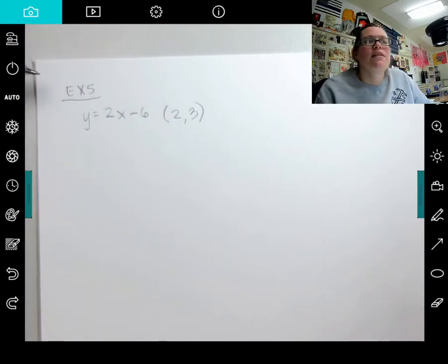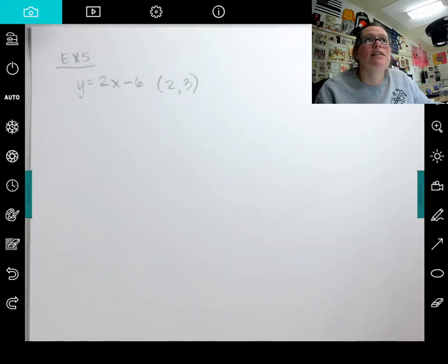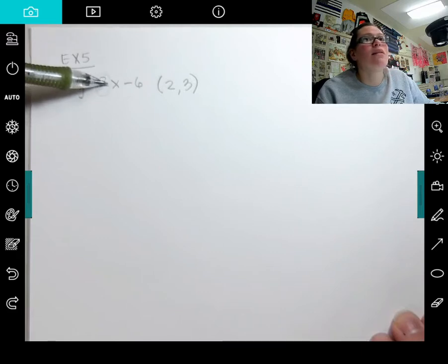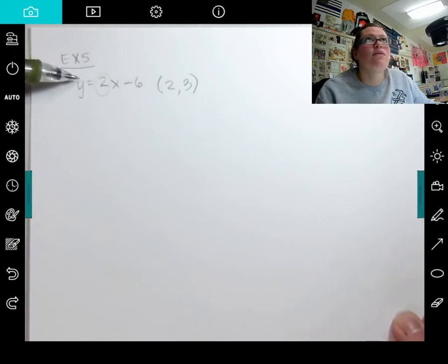What are some things that we know about parallel lines? This was on your chapter 4 test. Hopefully you remember. When we have parallel lines, it means that our slope is the same. So essentially what we are doing here is the same thing that we did in examples 3 and 4.